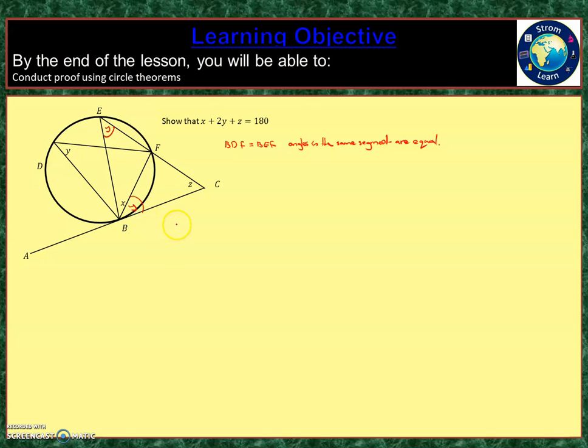And in fact, I could do that using BDF as well, because both of those angles are in the alternate segments along with my y. So let's write that out. CBF equals BDF, and that's because of the alternate segment theorem.